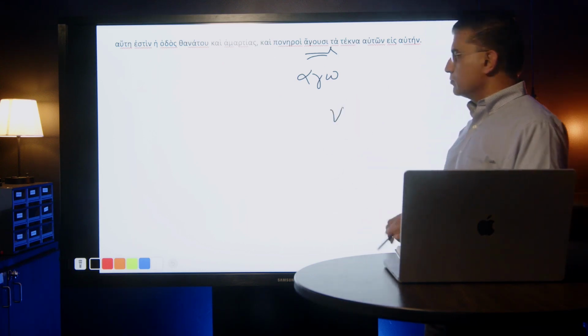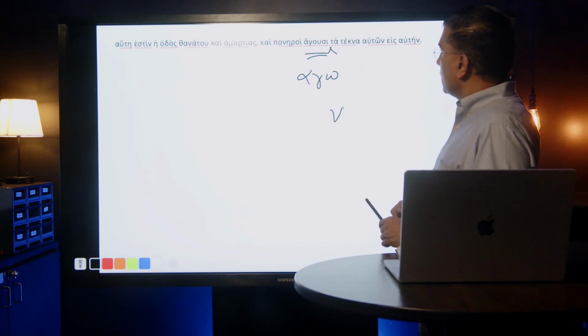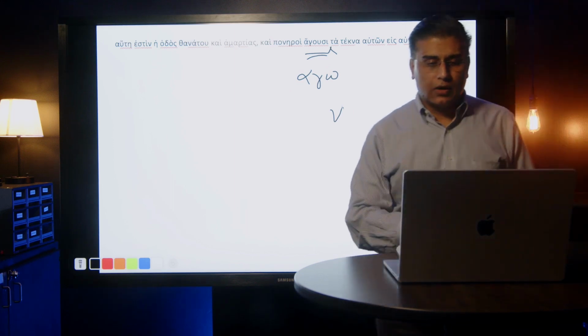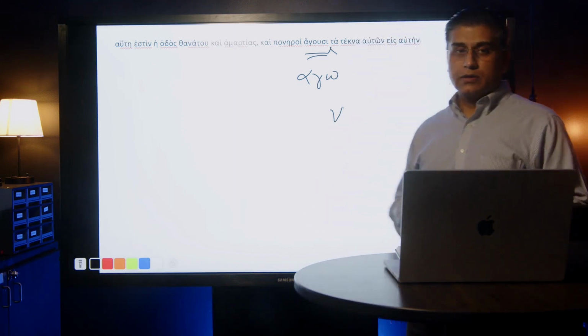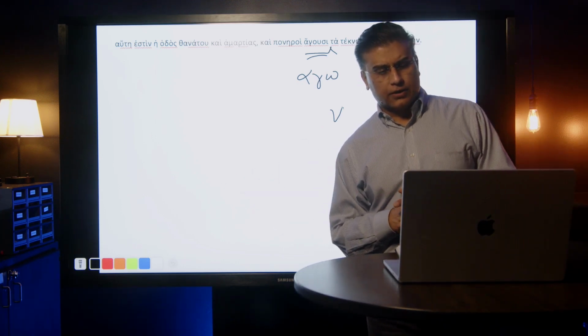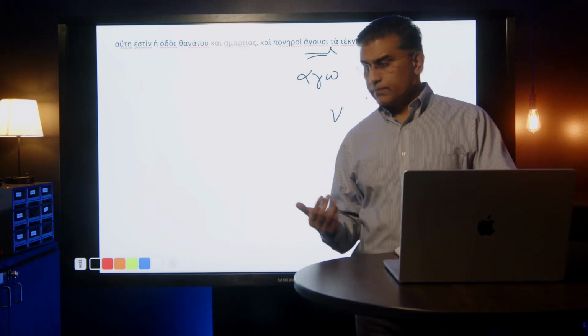So, third person plural. Agousin, ta tekna auton es autain. Evil men led their children, teknon, children, plural, child is teknon, their children into it.